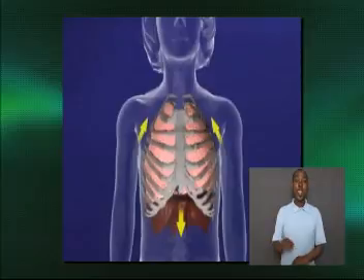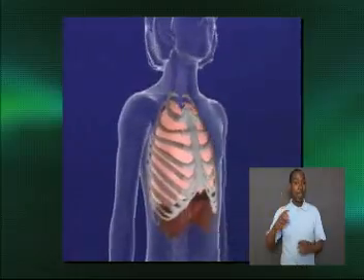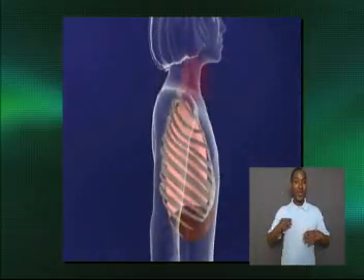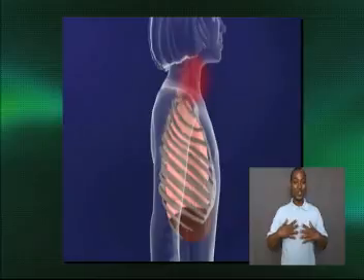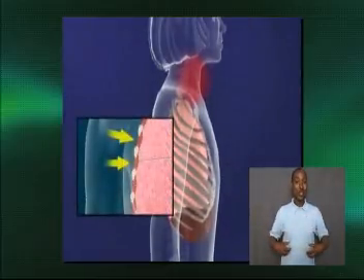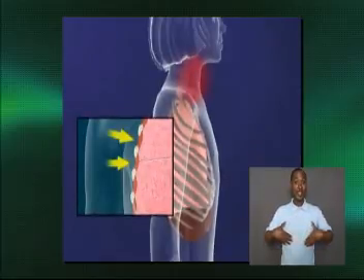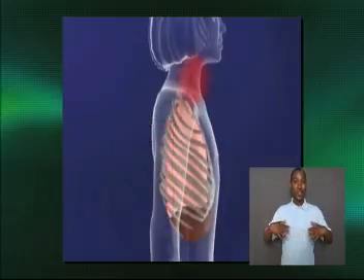Intercostal muscles are several groups of muscles that run between the ribs and help form the chest wall. These muscles help to expand and shrink the size of the chest cavity when you breathe.